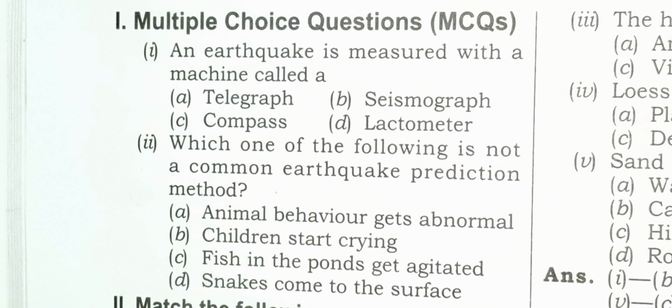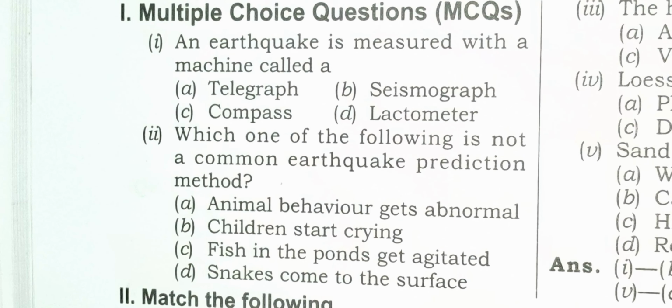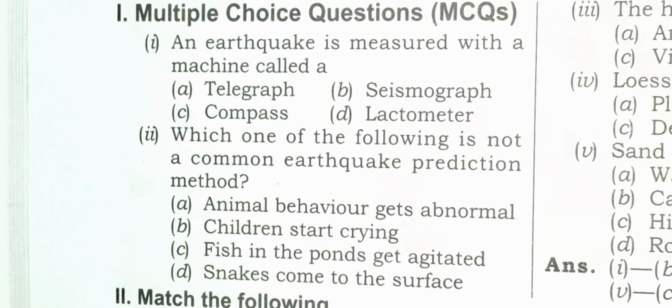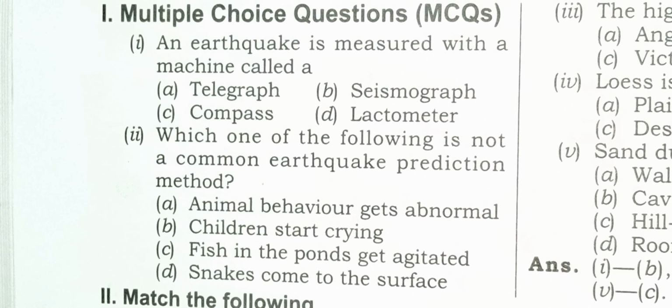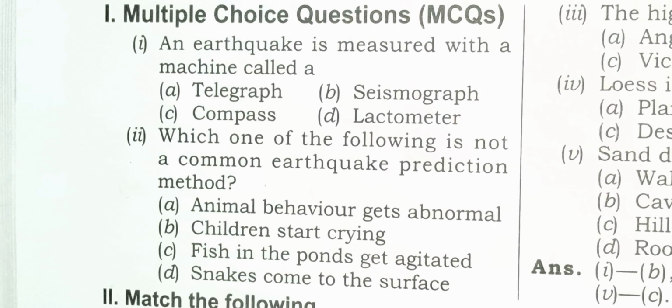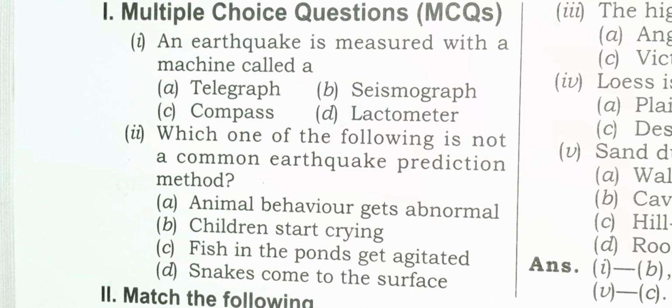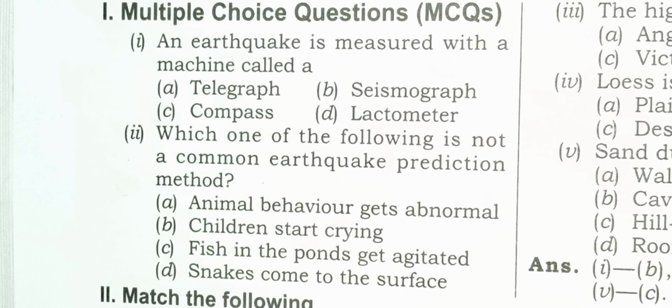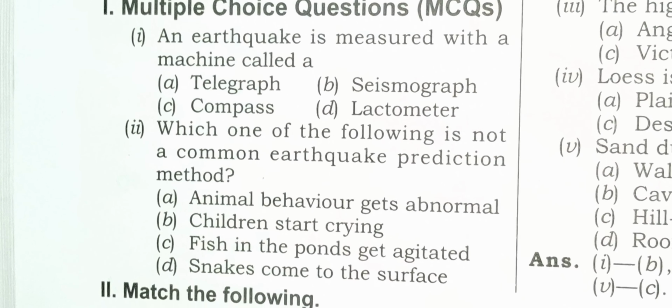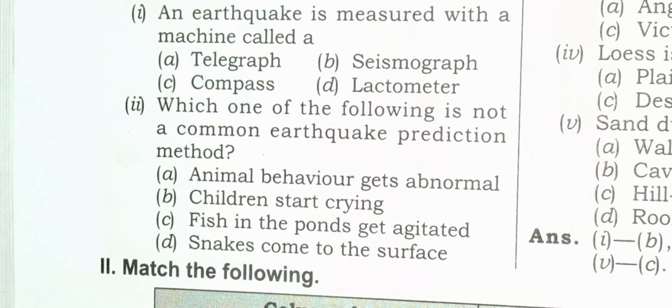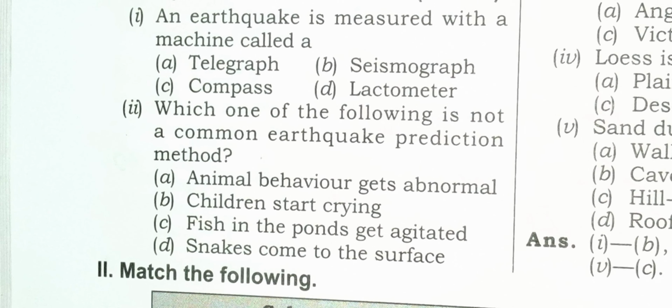An earthquake is measured with a machine called a seismograph, Part B. Second, which one of the following is not a common earthquake prediction method?